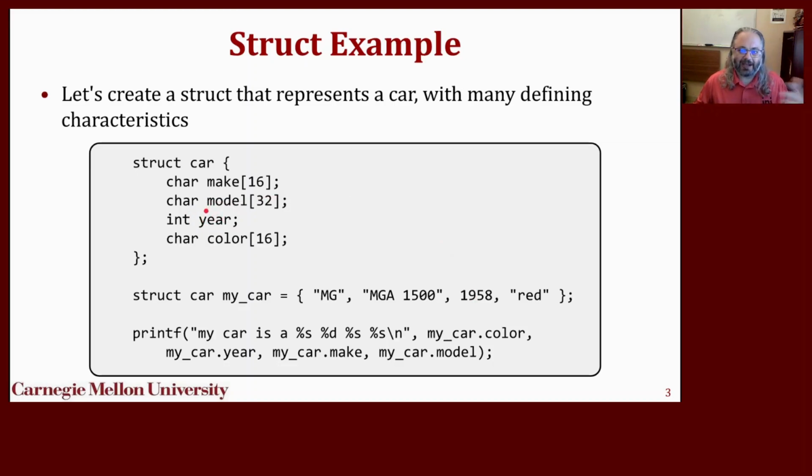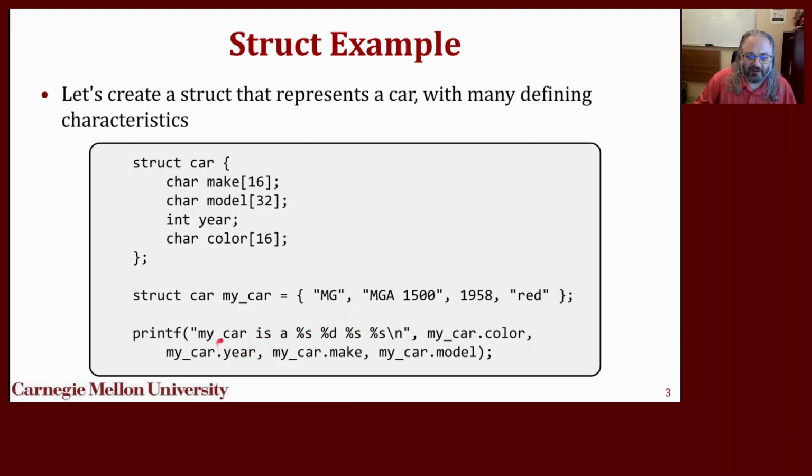Now, when we want to access or read the values from within the struct, we can do that using the dot or period struct member operator. If I want to print a string that describes my car, I can give the printf function a format string to print string, integer, string, string.